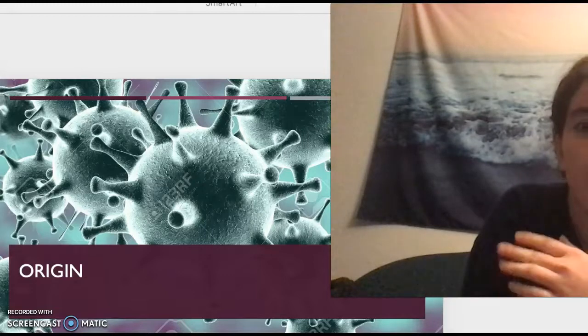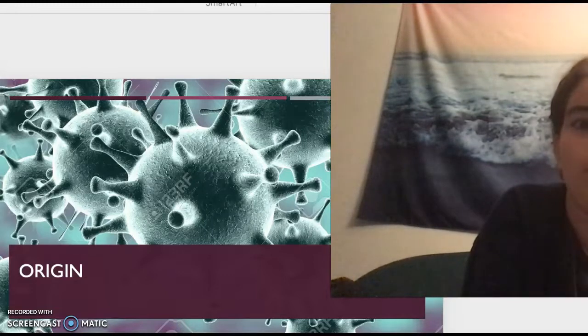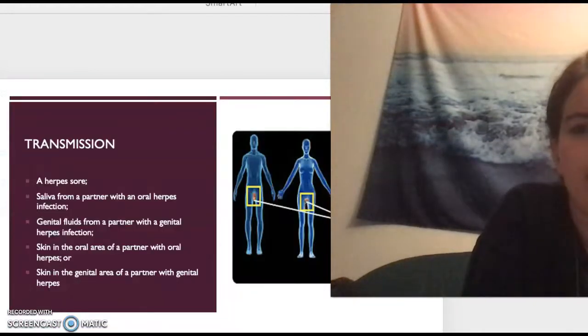So herpes has existed longer than Homo sapiens have. HSV2 is far more genetically similar to the herpes virus found in chimps, which is how they tracked the divergence.